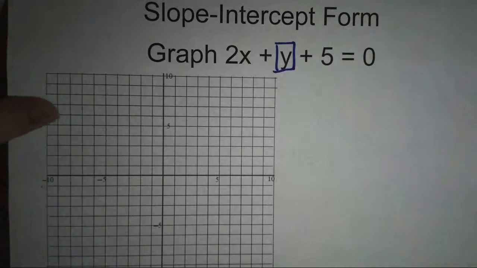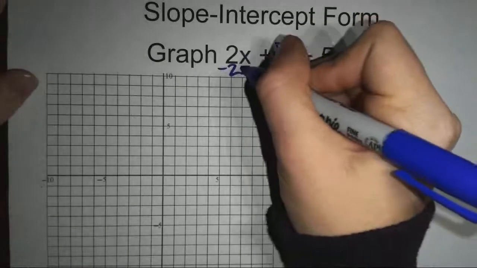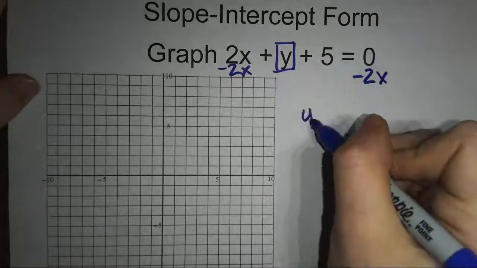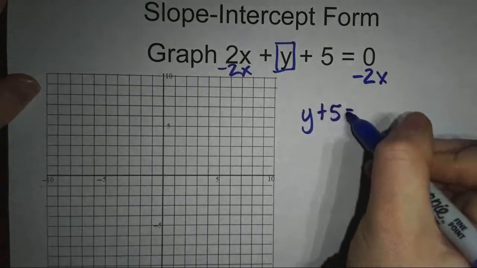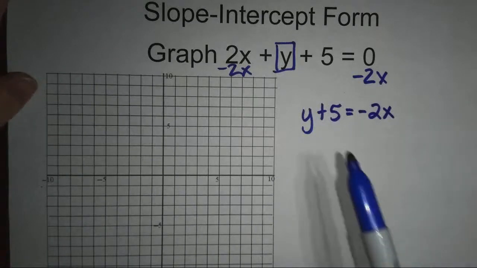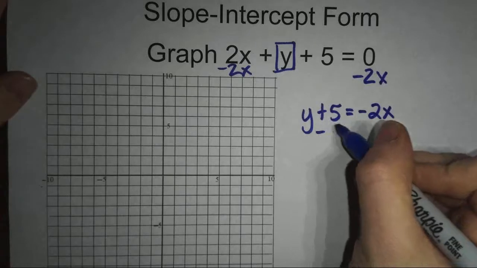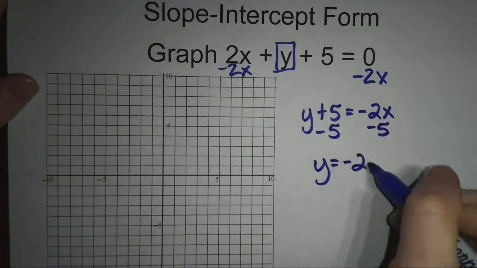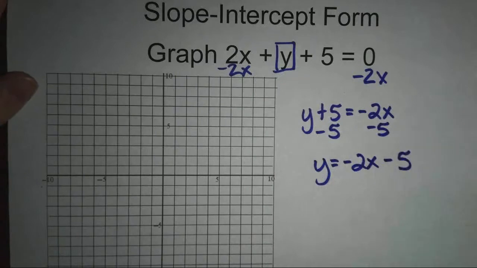So remember, I want my x term to come first, so that's the first thing I'm going to move. I'm going to subtract 2x from both sides of my equation. That leaves me with y plus 5 equals negative 2x. Then, the only thing I have to do to get y by itself is to subtract 5 from both sides. So I have y equals negative 2x minus 5.